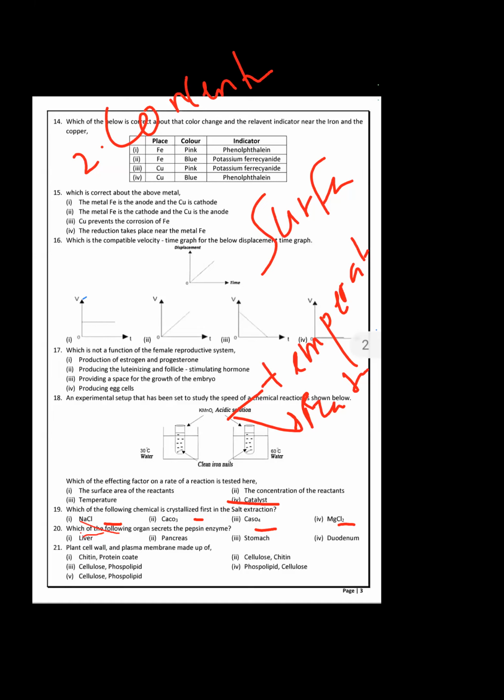Here, dear student, you can see catalyst or the temperature. Here 30, here 60.